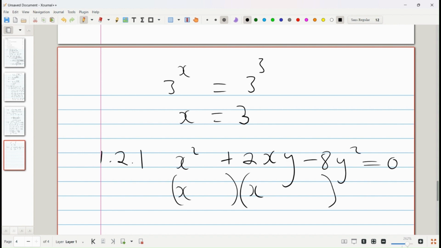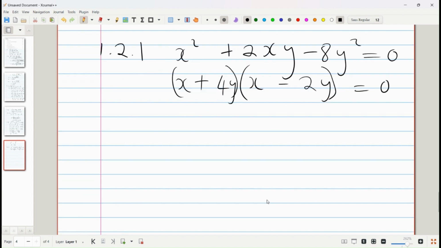So we can have positive 4y and negative 2y, all equal to 0. These are the factors for this equation. So we know that x plus 4y equals to 0, or x minus 2y equals to 0.